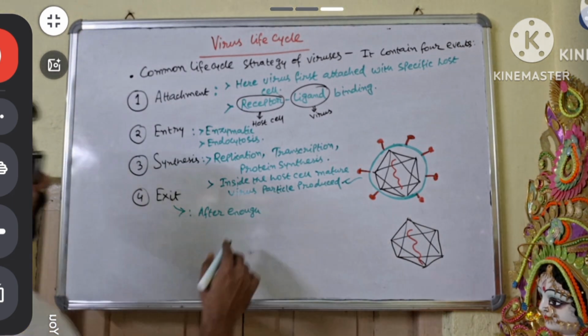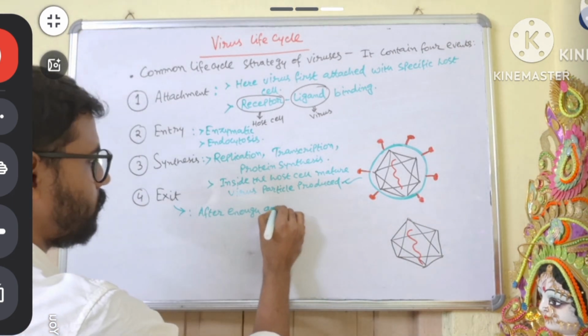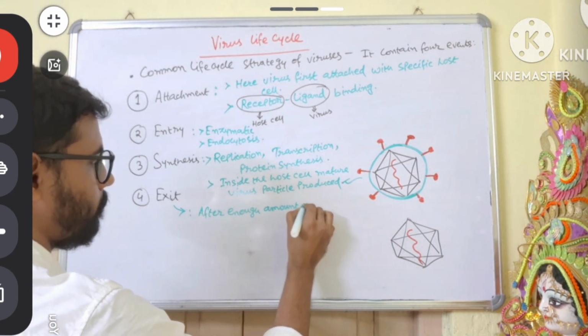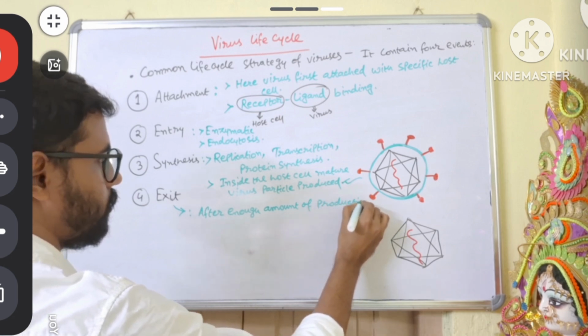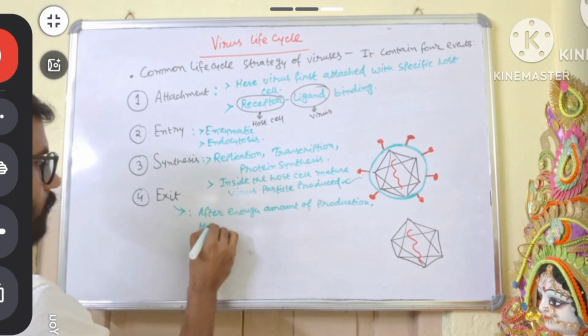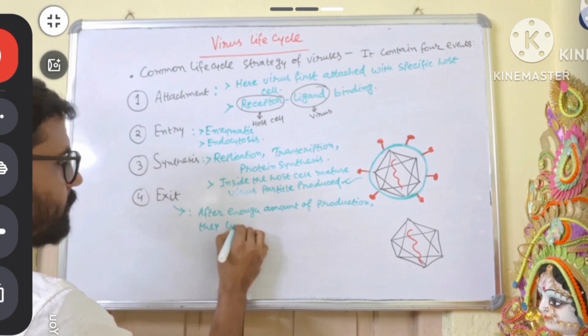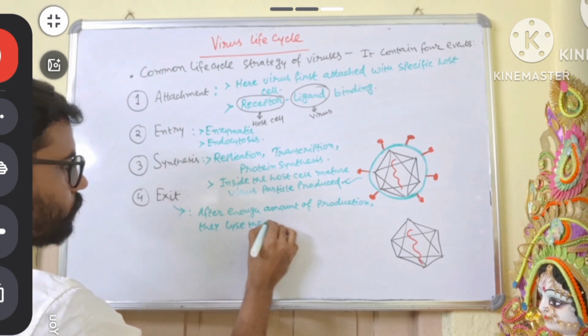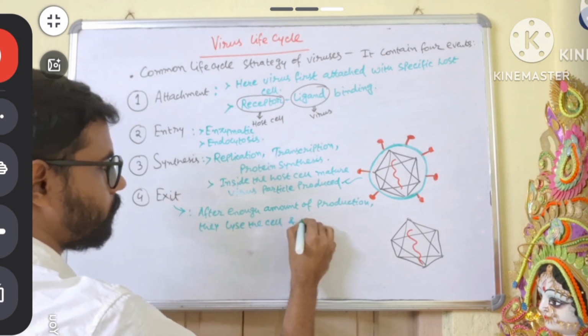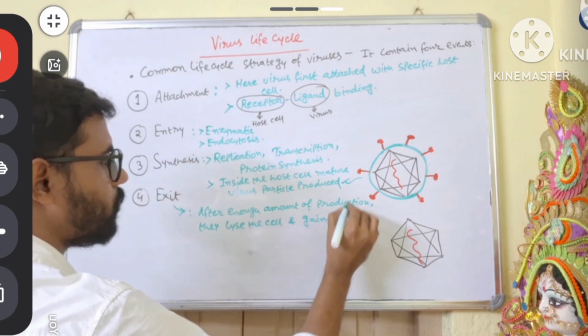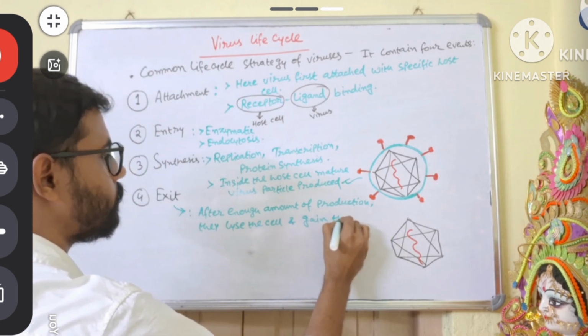So exit after enough amount of production, they lyse the cell and gain the entry of new host cell.